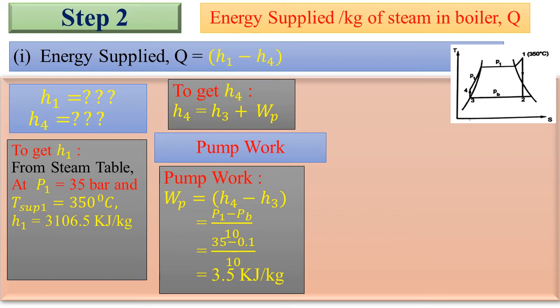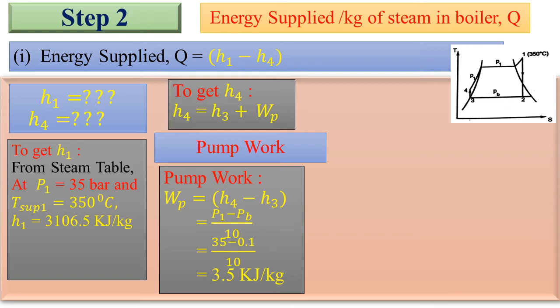But this equivalence is valid only when our pressure units are in bar. They should not be in any other unit. So provided pressures are in bar and divided by 10, the answer's unit will be equivalent to kilojoule per kg. Now why have we converted pump work into kilojoule per kg?